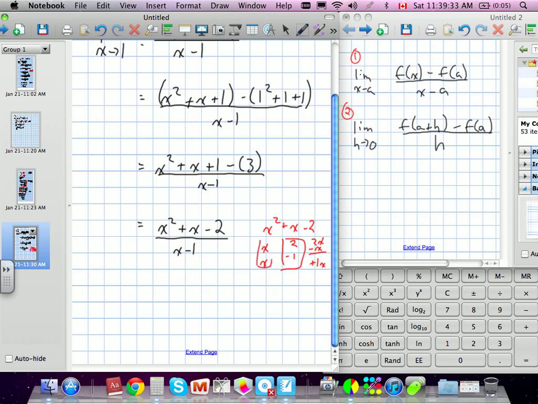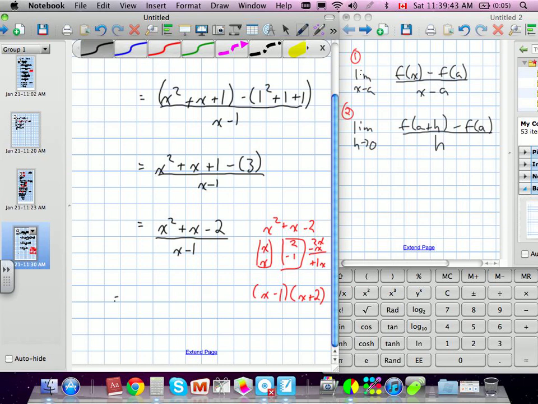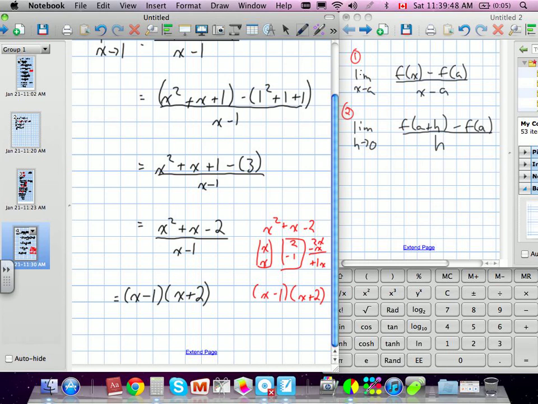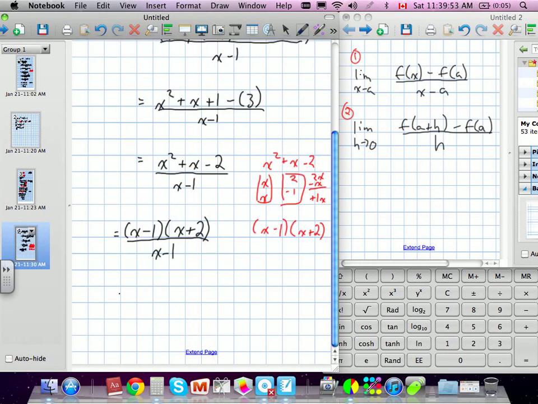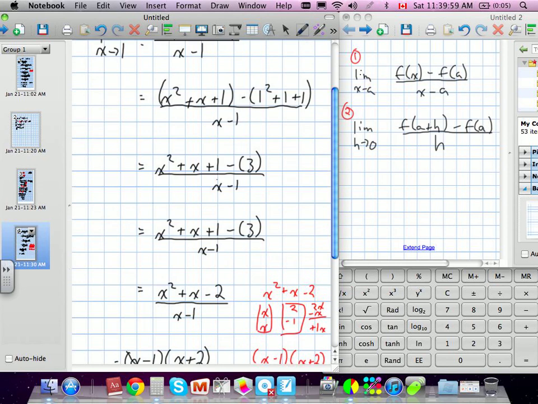So we factor the top of this equation to get x minus 1 times x plus 2 divided by x minus 1. Okay. These two guys cancel out. x plus 2. We're looking at this when x is approaching 1, correct? So when x is approaching 1, x becomes 1, we get 3. You know what their answer was?